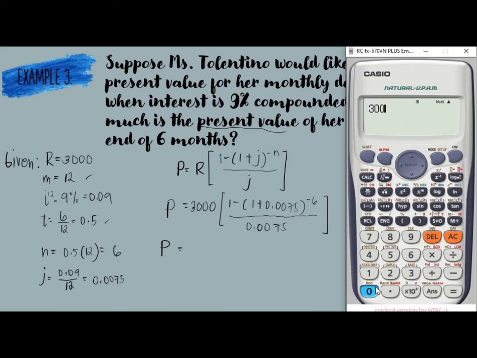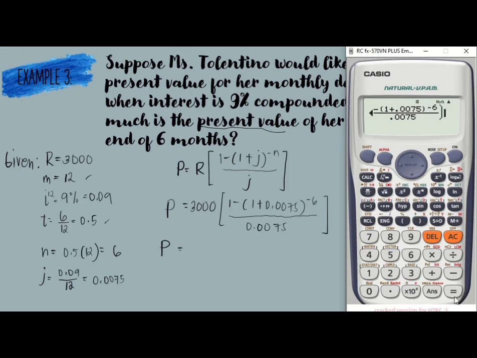Okay, so 3,000 times 1 minus the quantity of 1 plus 0.0075 raised to negative 6. Then over 0.0075.